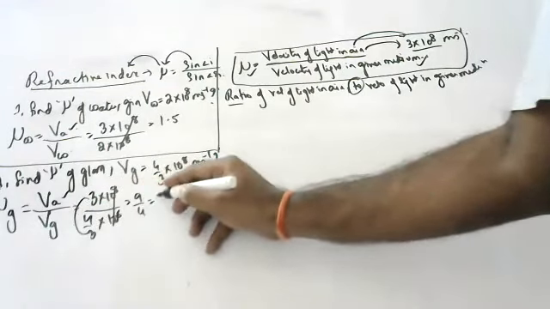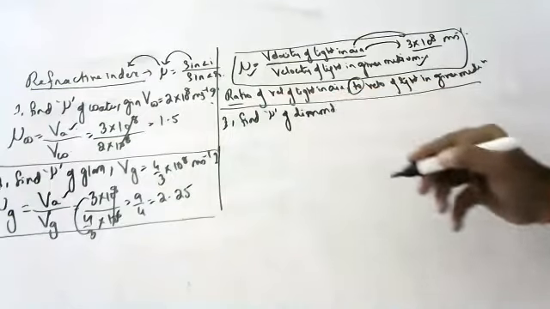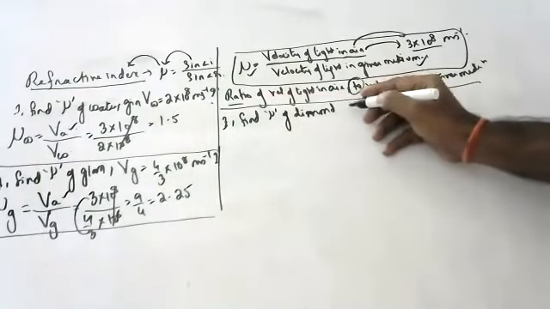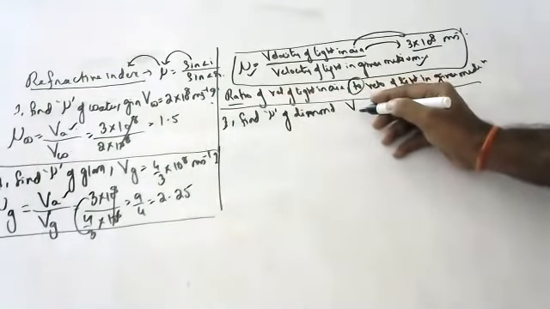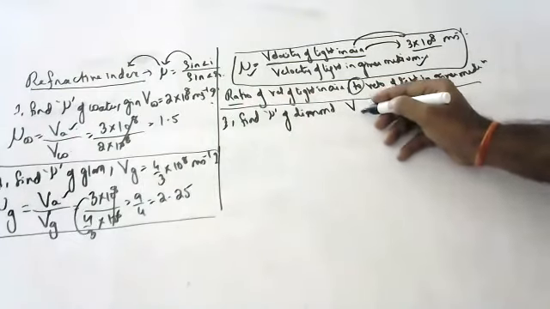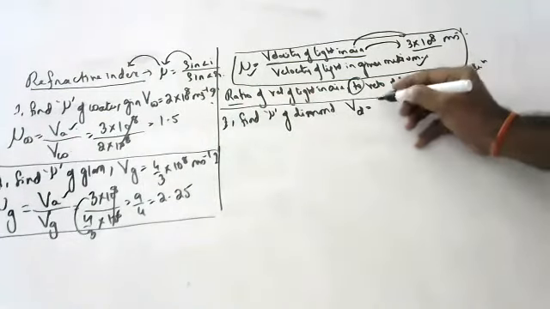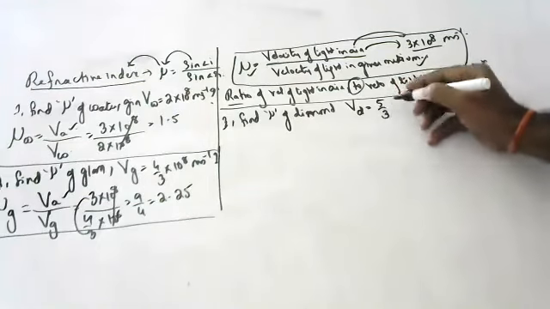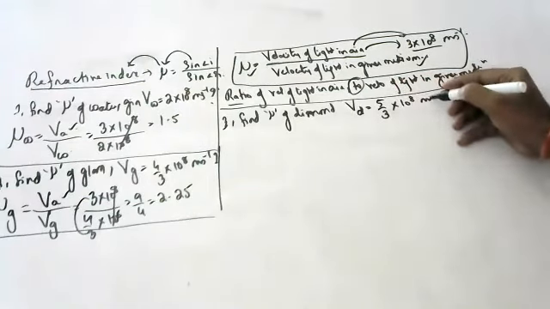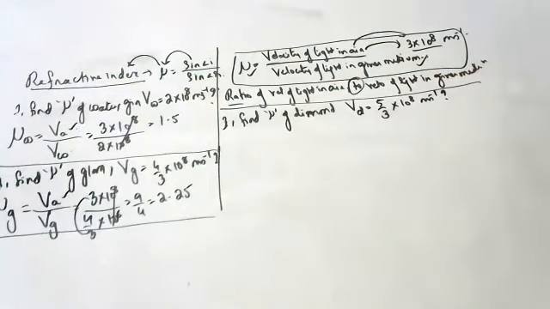Next, one more. Find the refractive index of diamond, children, if the speed of light in diamond is approximately 5 by 3 into 10 to the power of 8 meters per second. Raghuram, can you tell how to do this?